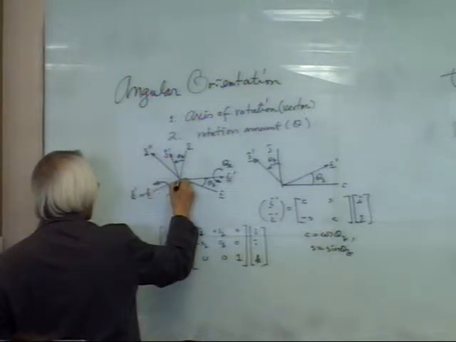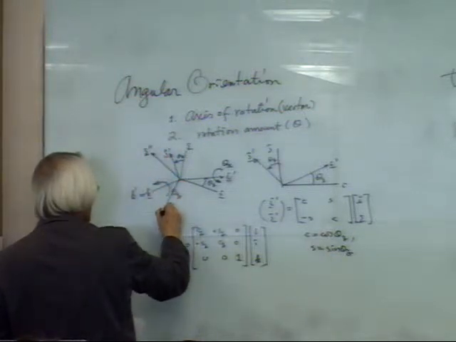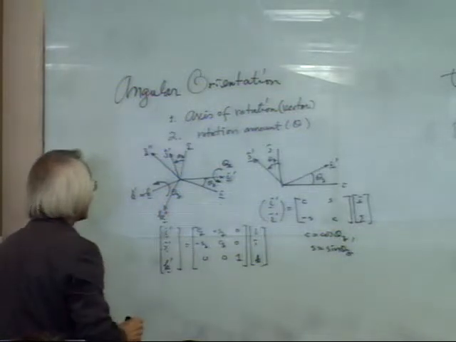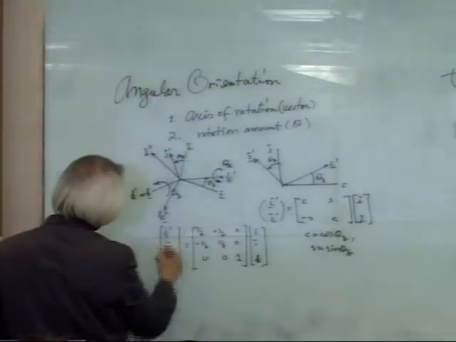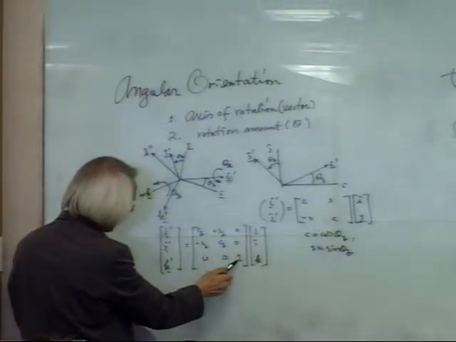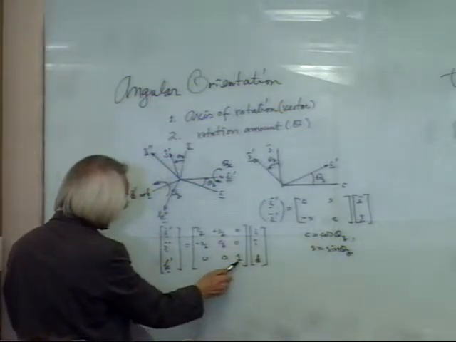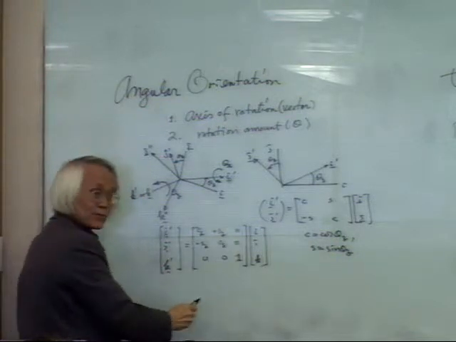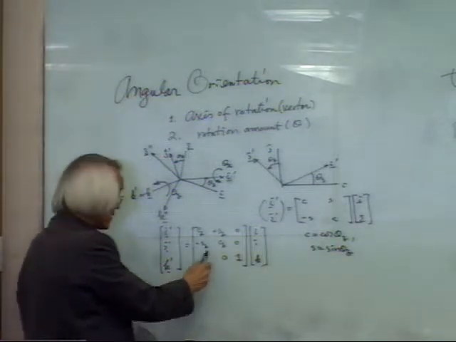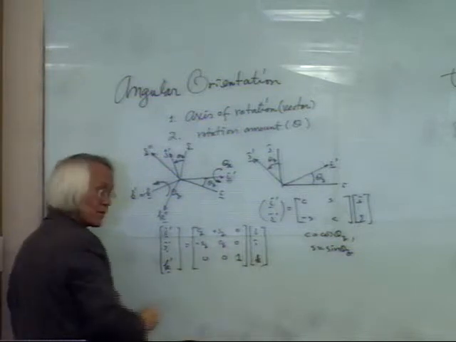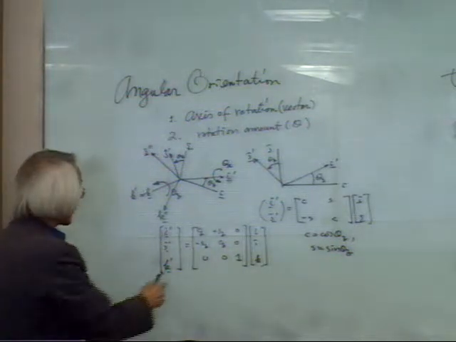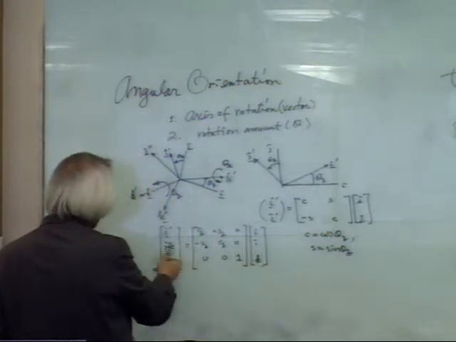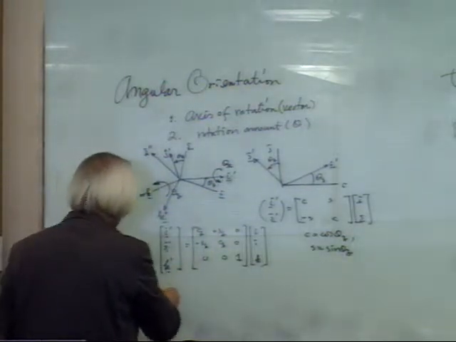And finally this K will rotate this way. Okay? So please remember when I is the axis of rotation, that's 1 and 0s in the row and column, right? And then there's the cosine, sine, minus sine, cosine. So we can use this one by switching this guy.